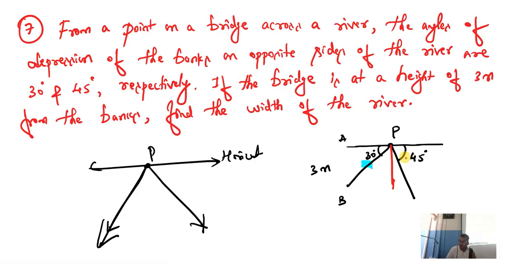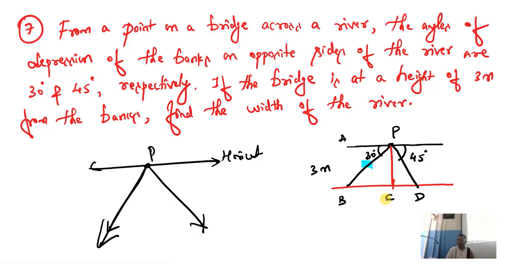When this is my height of the bridge, I am going to draw one more parallel side here. Shall we give this point the name C? Shall we tell this point name is D? Understood? Clear?